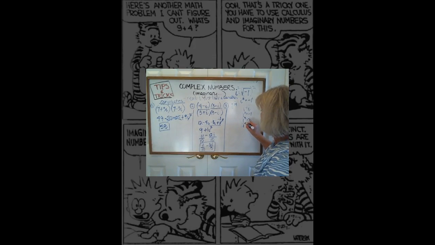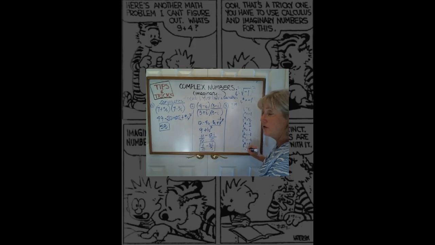And if we have i to the fourth, it's negative i times another i, so it'd be negative i squared, which is positive 1. So that means i to the fifth starts over again with i, i to the sixth is negative 1, i to the seventh is negative i, and i to the eighth is 1.